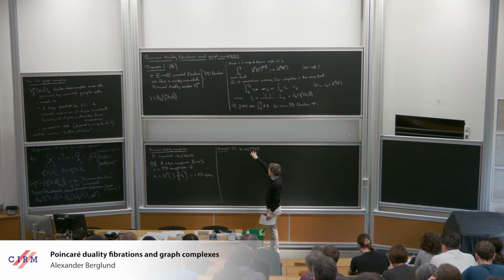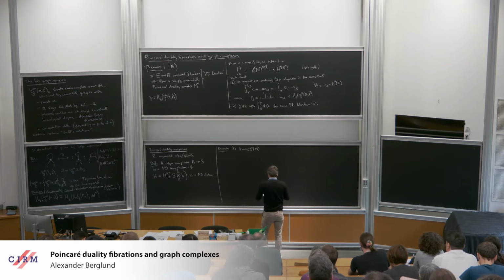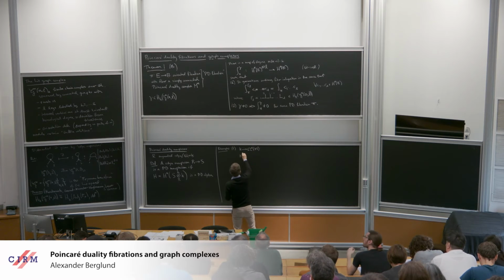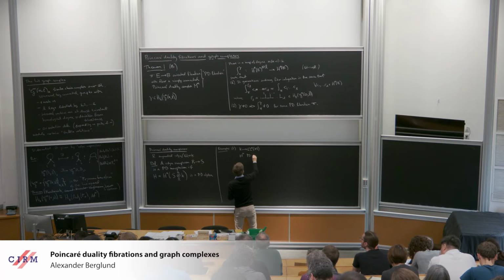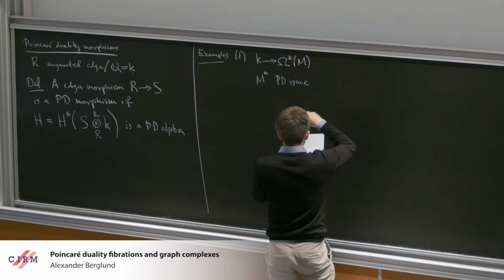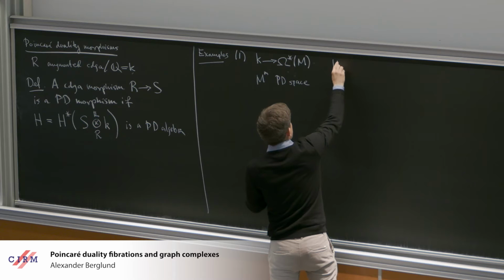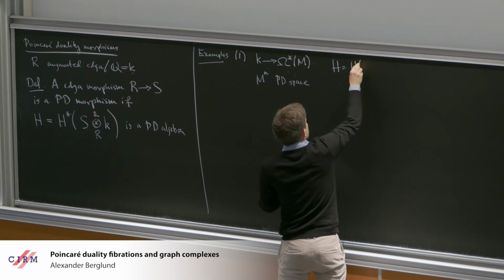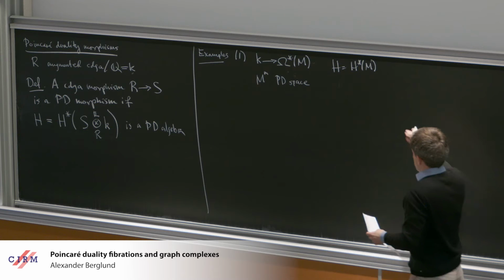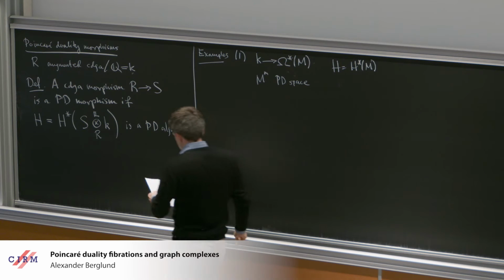That's what I mean when I write omega star here. So M is a Poincaré duality space. This is an example of a Poincaré duality morphism, and the H here is, of course, just the cohomology, which satisfies Poincaré duality basically by definition of Poincaré duality space.